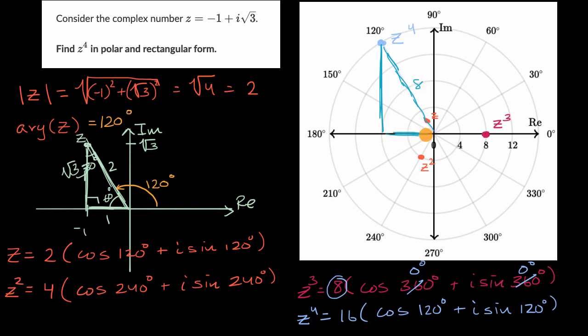So we know the short side is going to be half of that, 4. And we know this is going to be 4 square roots of 3. And so if we wanted to write z to the fourth in rectangular form, it is going to be negative 4 in the real direction, negative 4, plus i times 4 square roots of 3. And we are done.